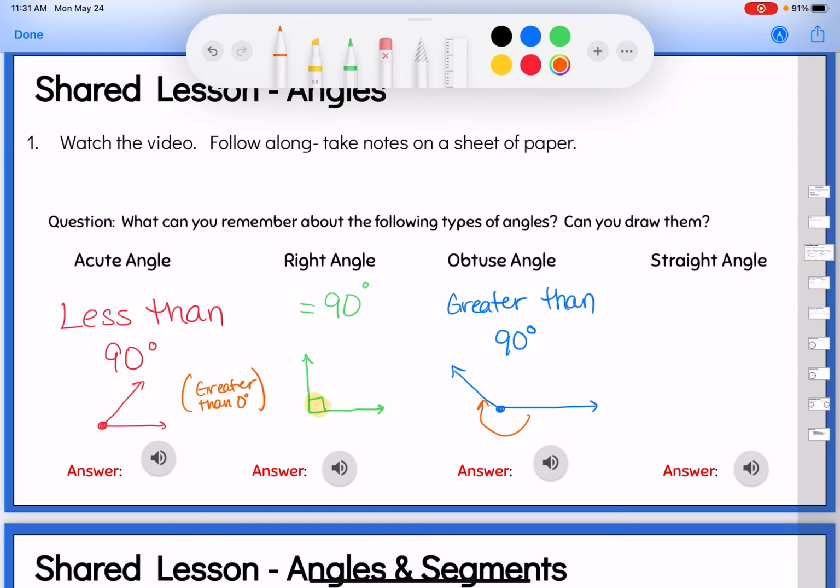That's what's called a reflex angle, and we don't talk about those at all in this class. Again, save that for Algebra 2 and beyond. So when we say greater than 90 degrees, we also mean less than 180 degrees. We don't ever go more than that straight line, right? So greater than 90, but less than 180. But you don't really have to say the less than 180, because in this class, we're only going to be talking about angles that are less than 180 degrees.